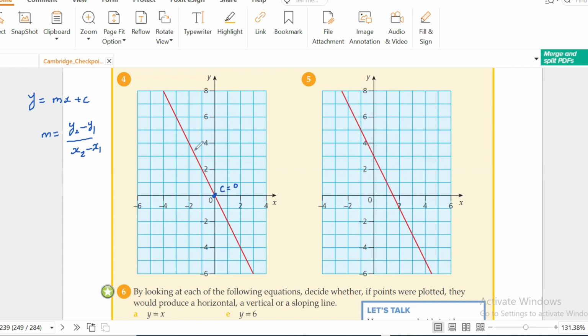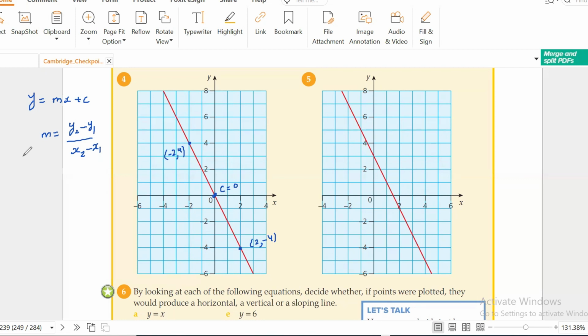For m, choose any 2 points from this line. Let's suppose I'm choosing one coordinate here. In this coordinate, x is -2 and y is 4. I need one more coordinate, so we can choose any other, like x = 2, and here we have y = -4. So if we have these two coordinates, how to find the gradient?